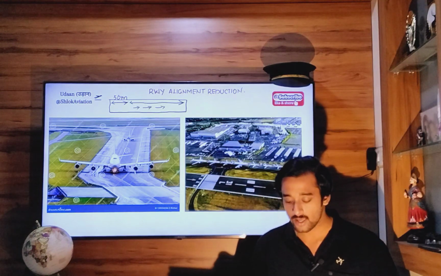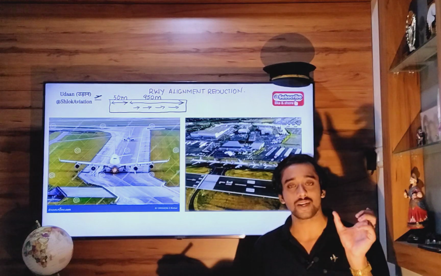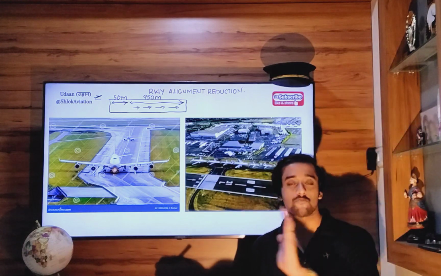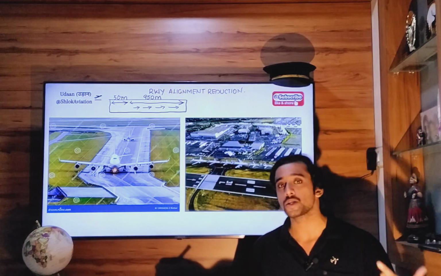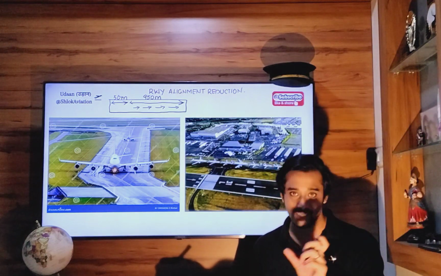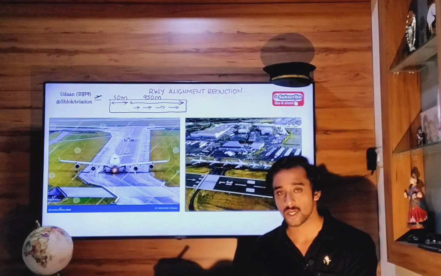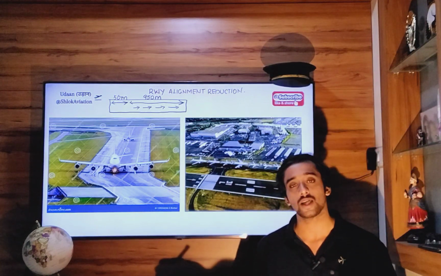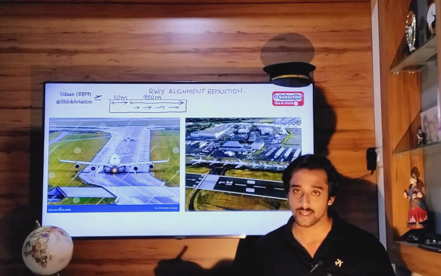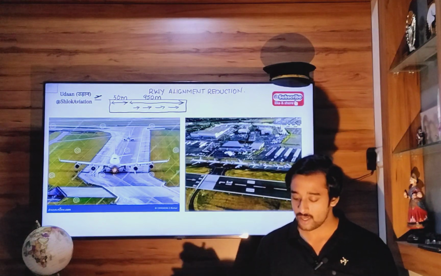The remaining 950 meters. So although the runway length is 1000 meters, you're not going to use all of it. You're only going to use 950 meters. The remaining 50 meters was used in aligning your aircraft with the runway center line. So this is called runway alignment reduction.